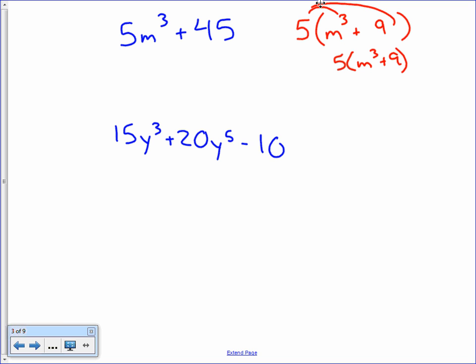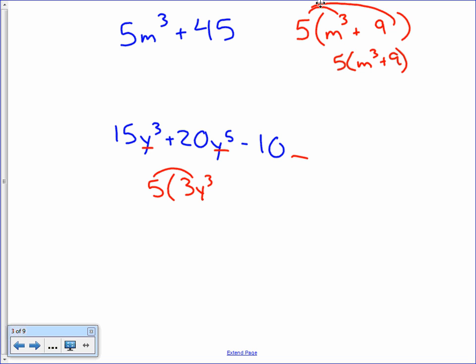And here I have 3 terms. I have 15y to the third plus 20y to the fifth minus 10. What number can divide 15, 20, and 10? Okay, we'll use a 5. And I have a y to the third, y to the fifth, and nothing. So I can't actually include a variable on the outside. 5 times what will give me 15y to the third? That'll be a 3y to the third.